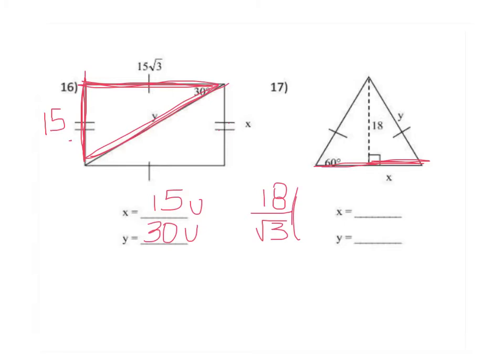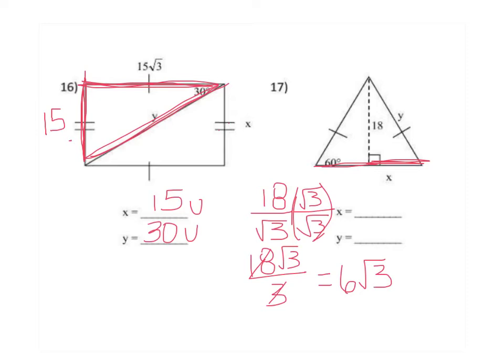Rationalize the denominator by multiplying by root 3 over root 3. And I get 18 root 3 over 3. Simplify the 18 and 3, I get 6 root 3. So that's going to be the value for x. And then just double that to get the hypotenuse. Again, your 30, 60, 90 relationships.